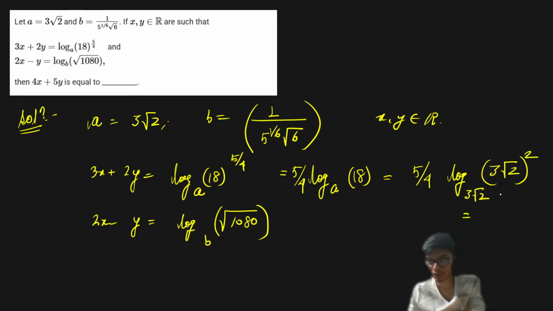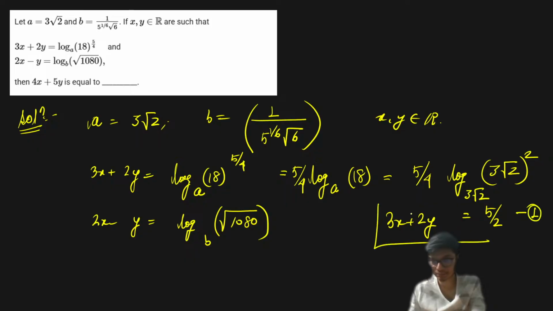So this gives me the value 5 by 2. So the first equation is 3x plus 2y is equal to 5 by 2. That is my first equation.